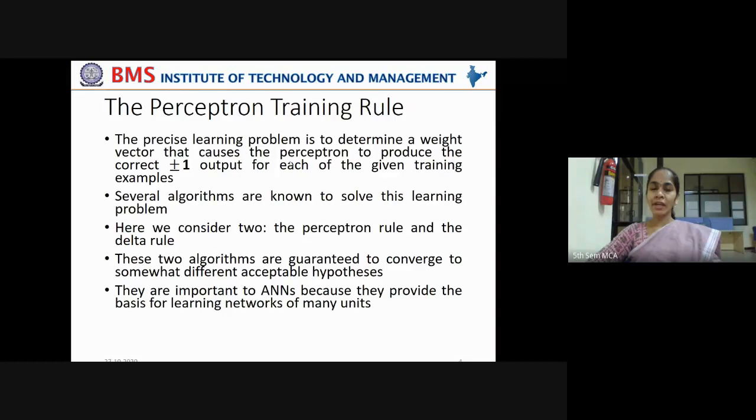Whether the weights have to be increased or reduced will be taken care of. If the error is too high, then the weights have to be increased or reduced in order to reduce that error in prediction. And if the prediction accuracy is very good, in that case, the weights will not be adjusted. That is called the point of convergence, where the weights are no longer adjusted. Okay, this is how the perceptron training rule works.